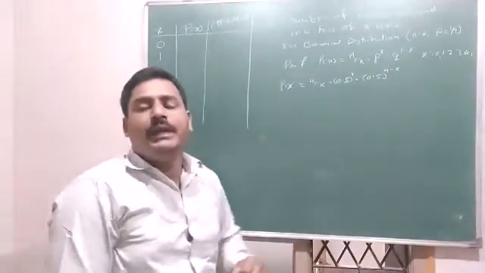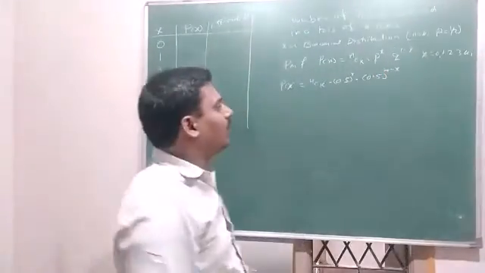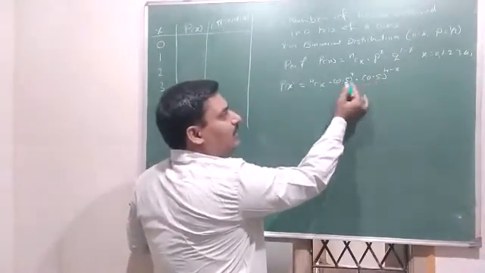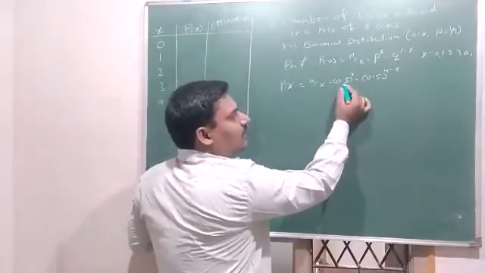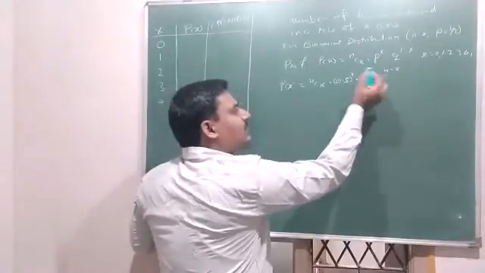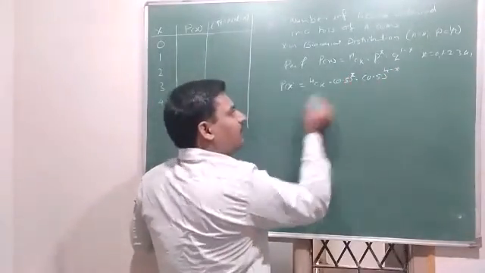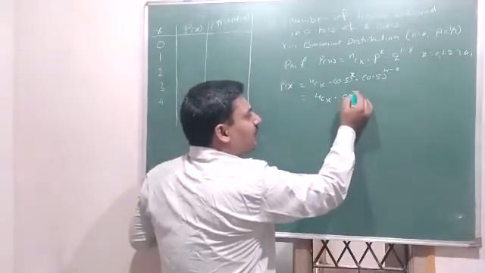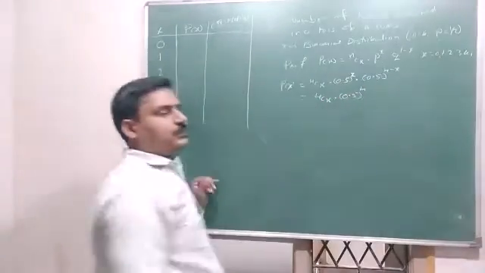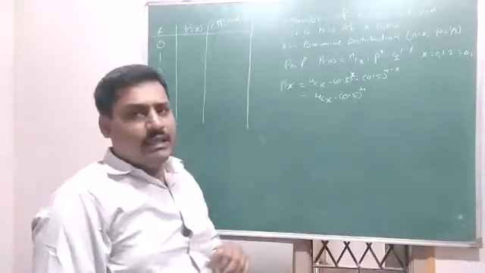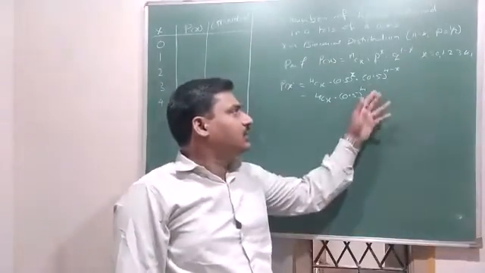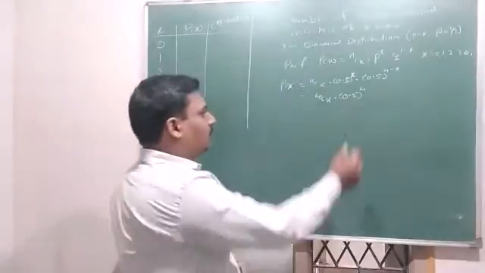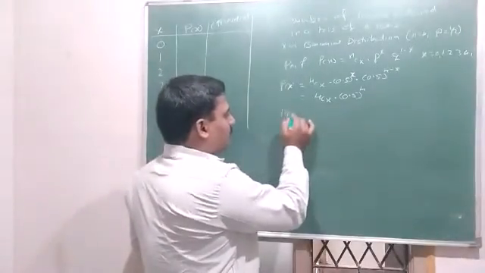When p and q are both 0.5, if we take the common factor, 0.5 raised to 4 minus x plus x, it becomes 4Cx into 0.5 raised to 4, since x minus x becomes 0.